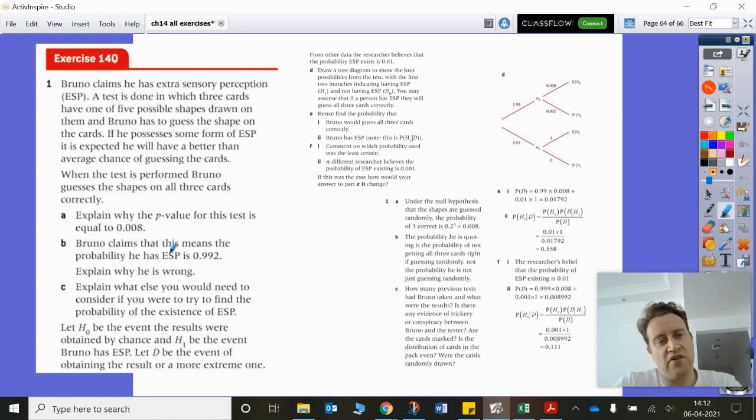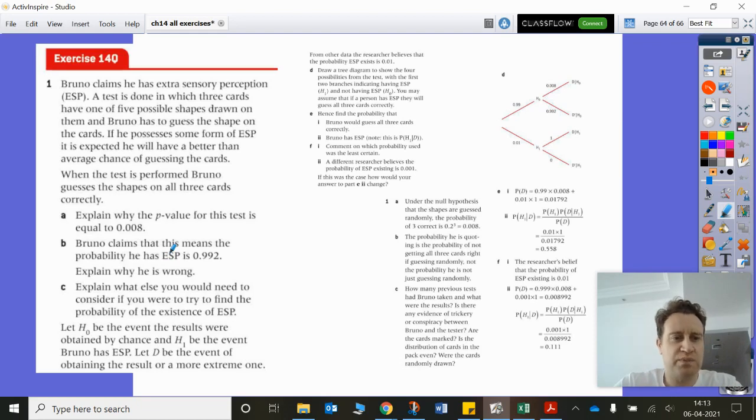But in terms of the probability of the existence of ESP, in terms of this test, you're going to need to make sure that it's a fair test, it's valid and reliable. It's reliable as in you can repeat it. It's valid in that there's no cheating possible there. So, there's no marked cards or anything like that.